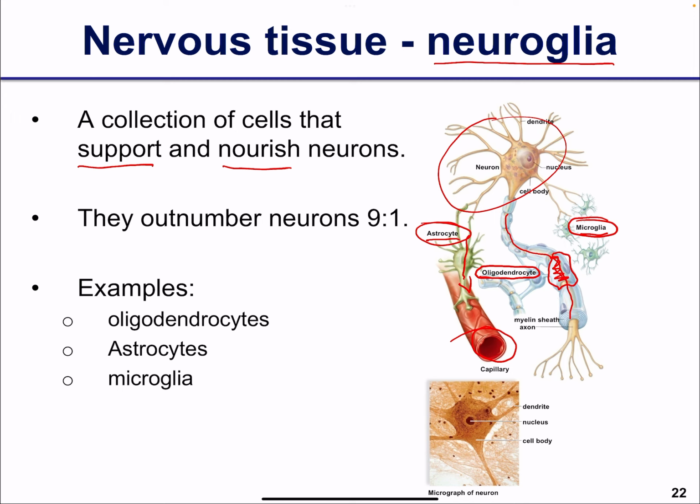Now, the neuroglia are going to be much more abundant than neurons in the body. You're going to have a ratio of 9 neuroglia for one neuron. About, it's an estimate, right?